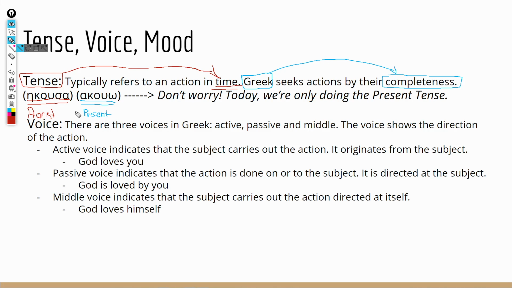Or it's currently happening and it's not yet completed. Whereas ekusa, in the aorist, means that Jesus's process of hearing has been completed, right? So you cannot think about it in terms of time, but in terms of completeness, and that can be very, very tricky for English speakers.